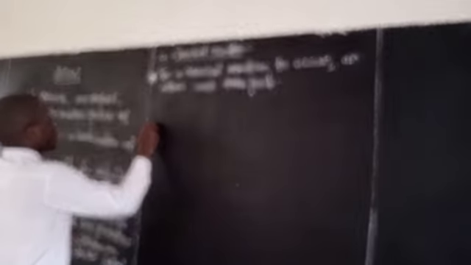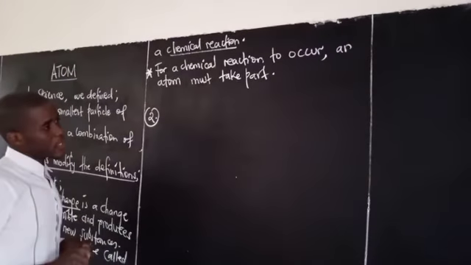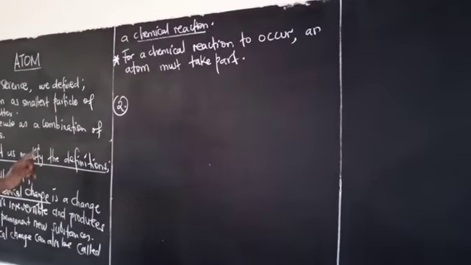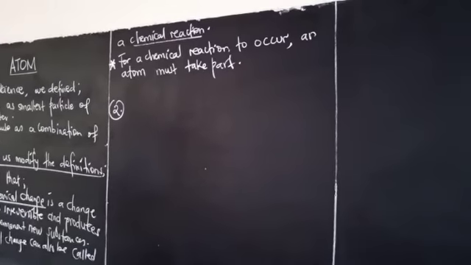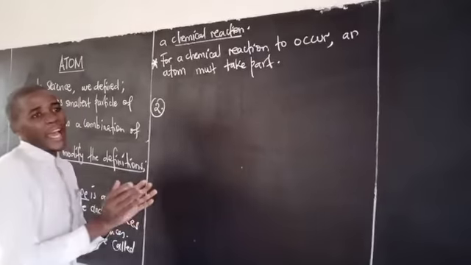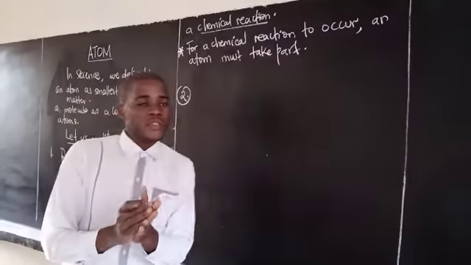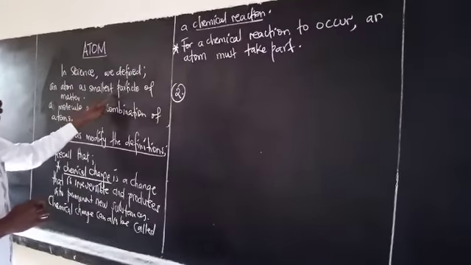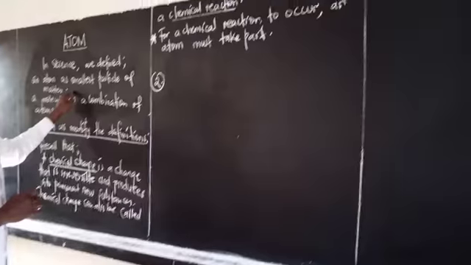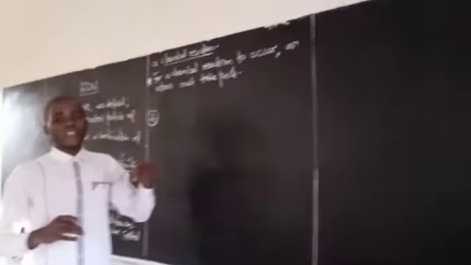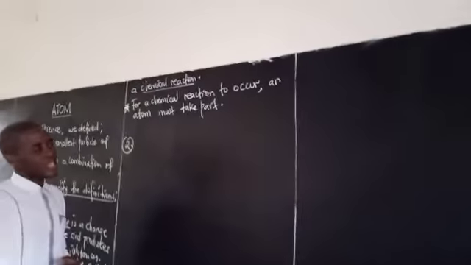And I want us to also use another package to generate another part of the modified definition. In this case, I want us to jump a little bit and look at how an atom is always organized. Much as we are saying that an atom is the smallest particle of matter, which is not wrong, an atom is also containing other small particles that are inside it.